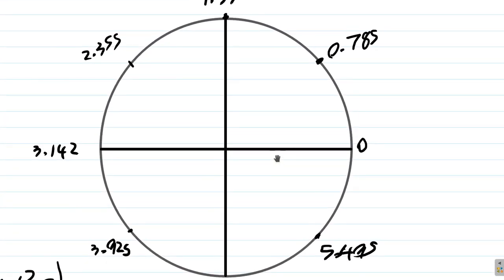So if you go out 1.5, kind of close, plus j 0.54, let's call it about here, right?